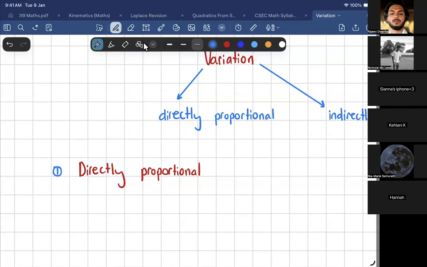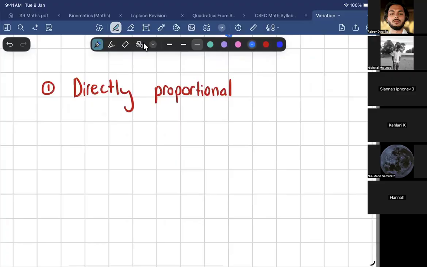Good. Now, I know there are some people in this class that do not do physics. I understand, but I like to think that this is not as hard as it may look. It's very intuitive. So essentially for directly proportional relationships, if one quantity increases, the other quantity would what?